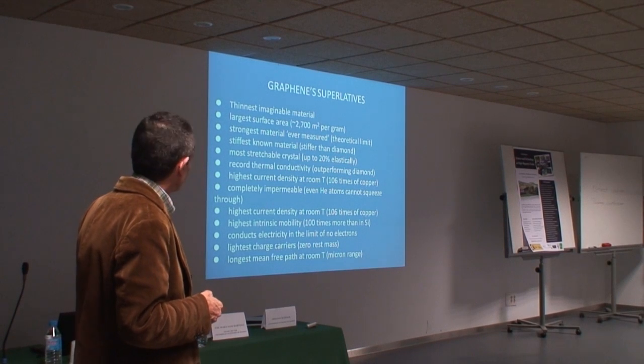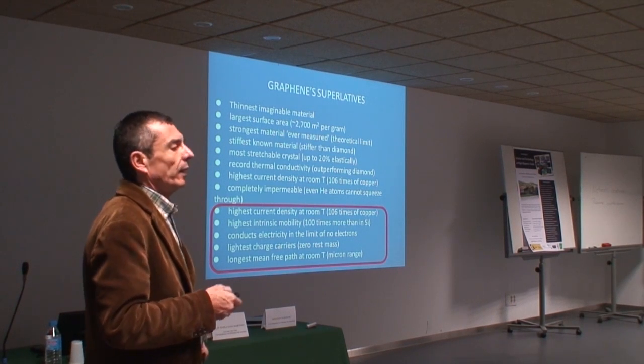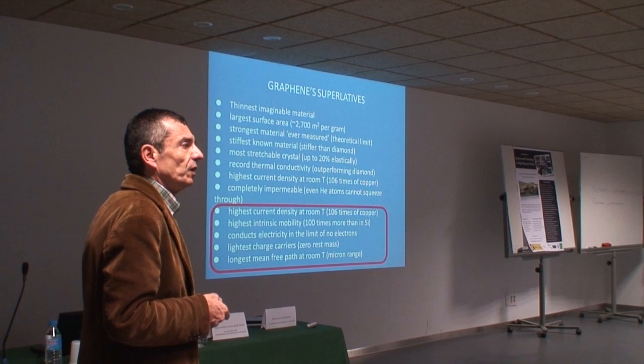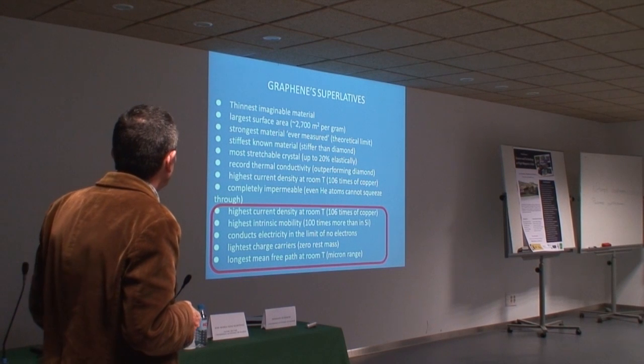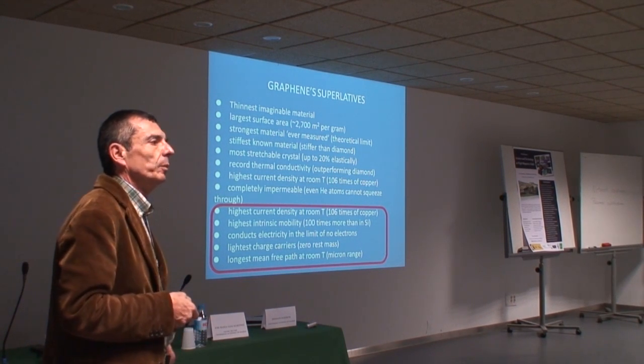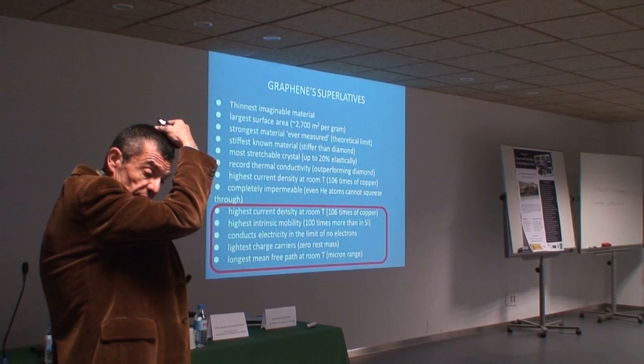But what put graphene on the map were its unique transport properties. They were realized very quickly, especially the high intrinsic mobility. Graphene is also helped by the fact that carbon is very light.